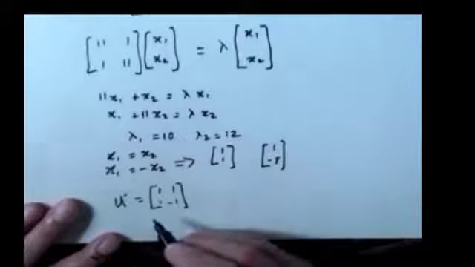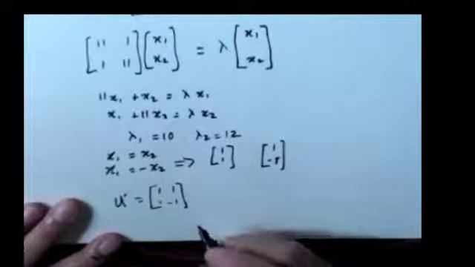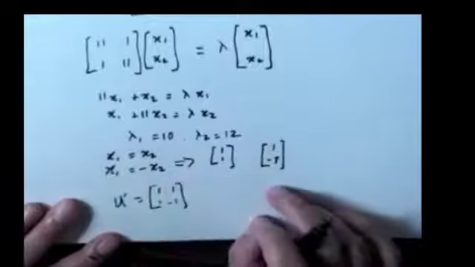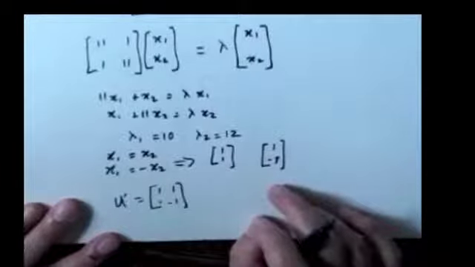So for this, we use a procedure called the Gram-Schmidt procedure for taking a set of vectors and converting them into a set of normal vectors, right?